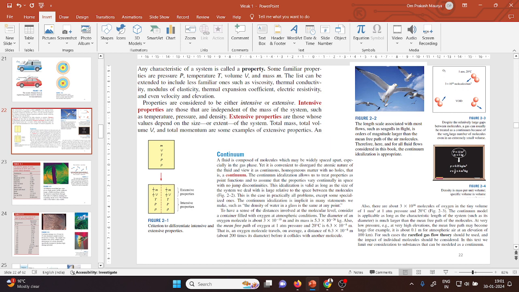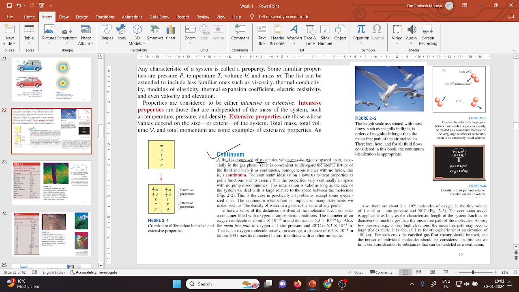So in this regard, in case of fluid mechanics, we need the continuum things. Just for the sake of your understanding, what is continuum? A fluid is composed of molecules which may be widely spaced apart, especially in the gas phase.